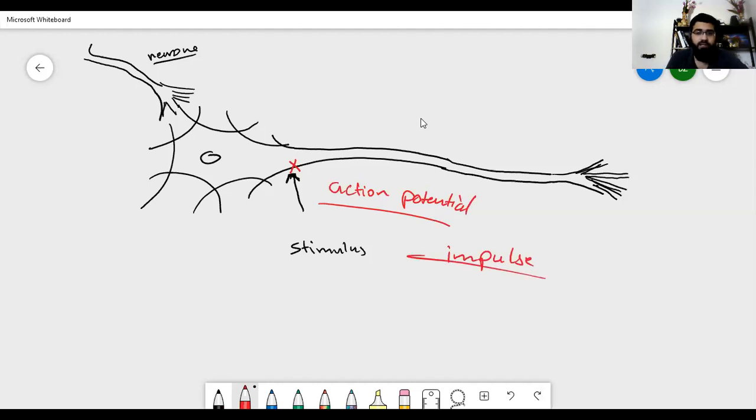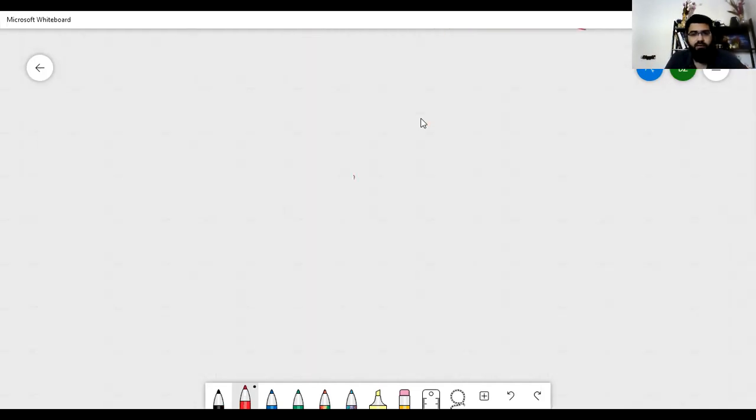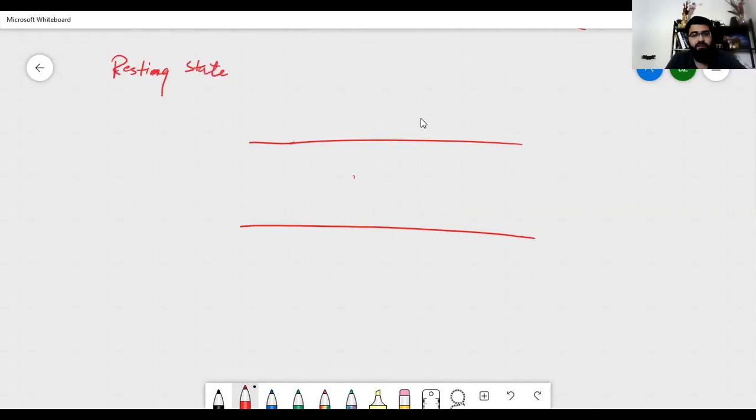And last time we already explained how this occurs, when we said that on the membrane of the neuron we have resting state before the stimulus. What maintains the resting state is the sodium potassium pump.